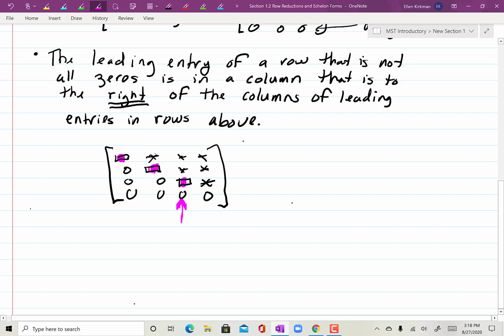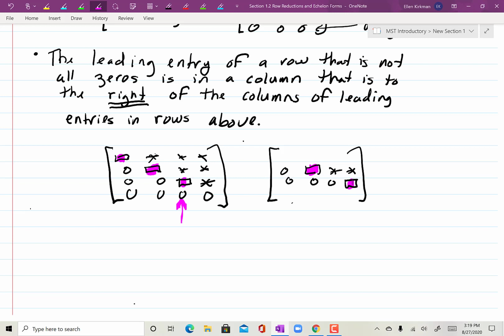The row above it, the leading entry is in this column, and this column is right of this column. So I wanted to have this triangular structure. And it doesn't have to be immediately to the right. Maybe there's some other space. I could also have, say, something that's like this, and the column above it maybe is like this, so that the leading entries are like this. It doesn't have to be directly to the right, but it just has to be right of it. The idea is so we can back substitute, so we can solve.